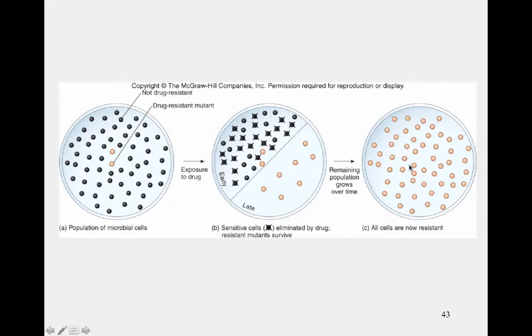And so they will start to replicate and remain over time to the point where now all of the cells are resistant.